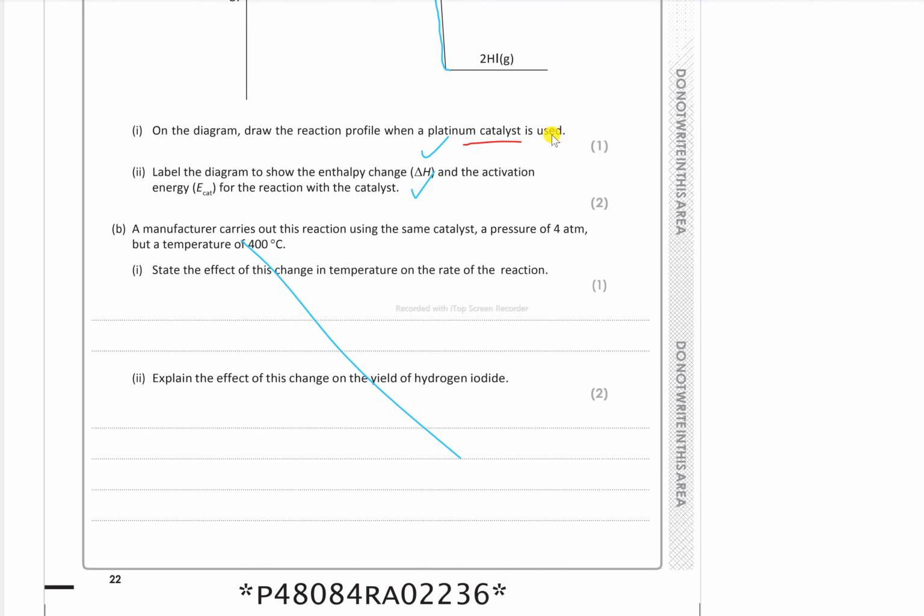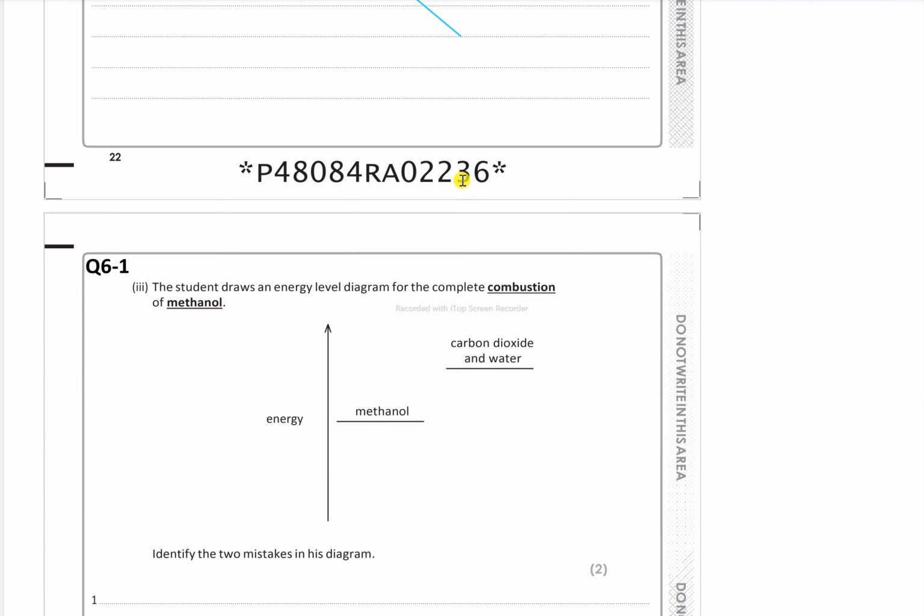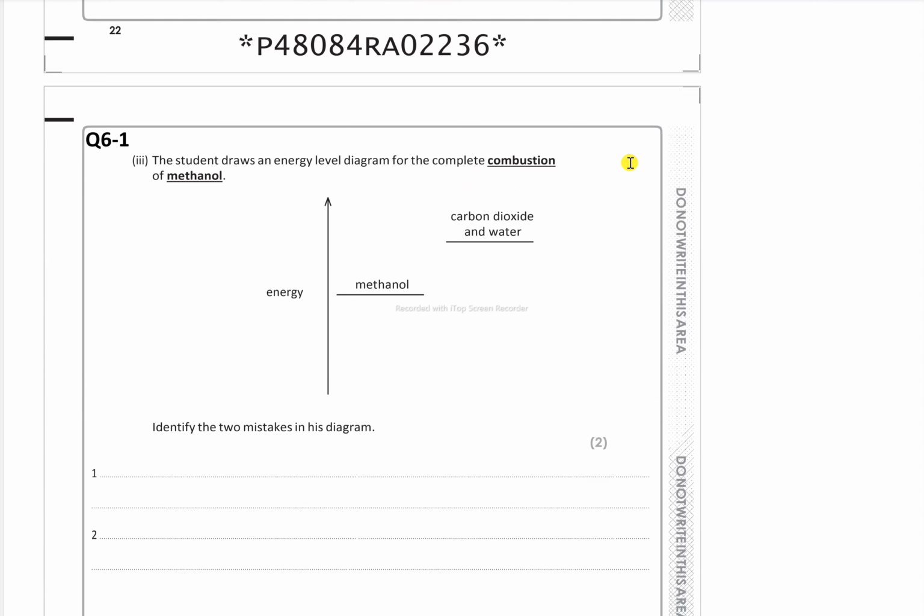This is going to come in a separate video. Right, okay, so look, we've got complete combustion with methanol. So you've got methanol, it gives carbon dioxide and water, right?